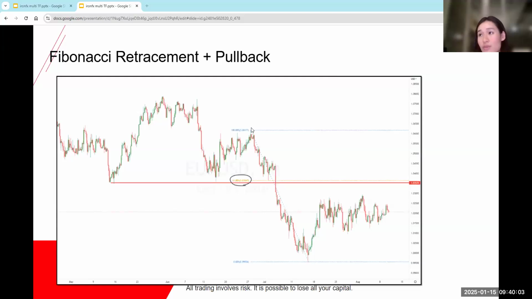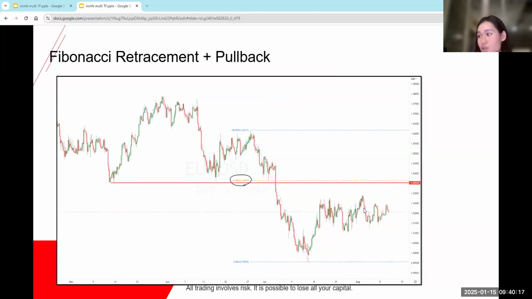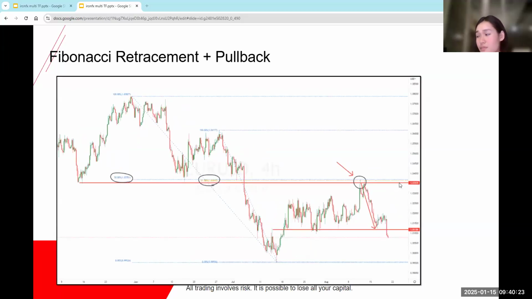So we're using our Fibonacci retracement to support this horizontal level. We have a 61.8 retracement, and we also have a 50% retracement that lines up in that same area. And you can see subsequently price did reverse off that pullback level. In fact, it headed all the way down here.